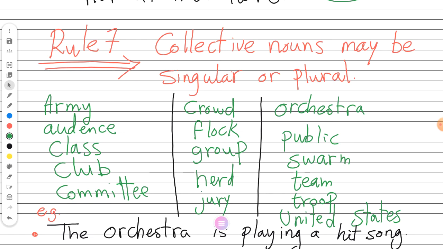Flock is like a group of things walking; herd is for animals. The jury is a group of judges who are judging an issue or a crime, then orchestra, public, swarm, team, troop, and United States. Okay, how, Miss, can I decide whether it will be used as singular or plural? It depends on the sentence itself.